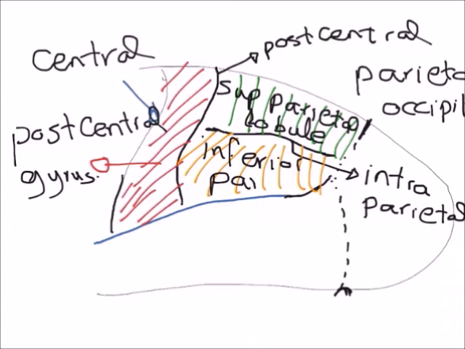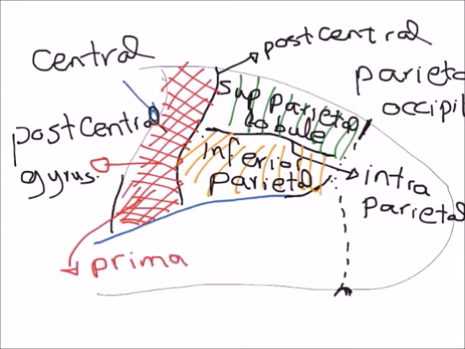If we are talking about the important functional areas of the parietal loop, we have to remember this gyrus, which is the post-central gyrus of the brain, as we have here an important area which is called primary sensory area, or according to Brodmann classification, areas 3, 1, 2.